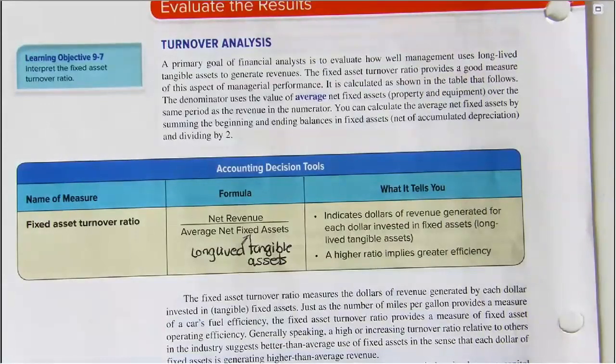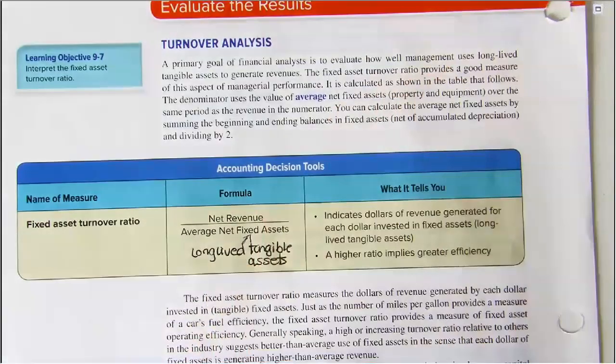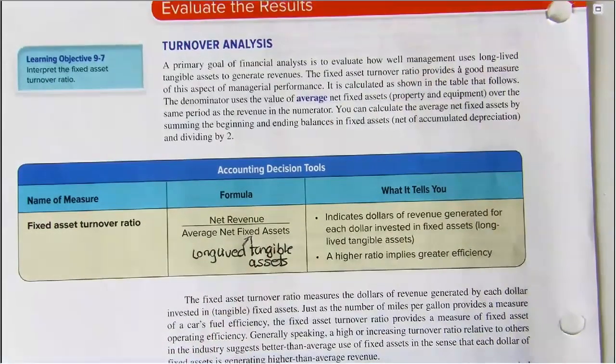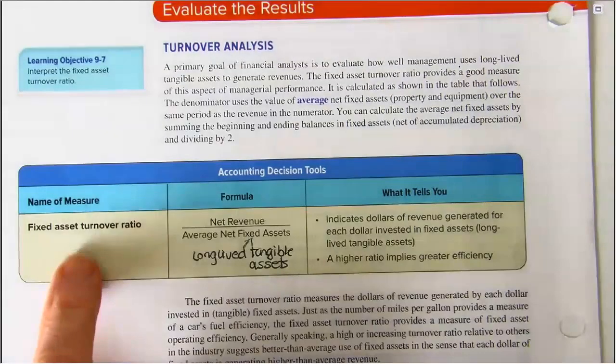But as investors and creditors, you're going to want to know how well management uses long-lived assets to generate revenues. How good were they at using the land and building and equipment in order to run the business and generate the sales? And what we do to judge management is this fixed asset turnover ratio.